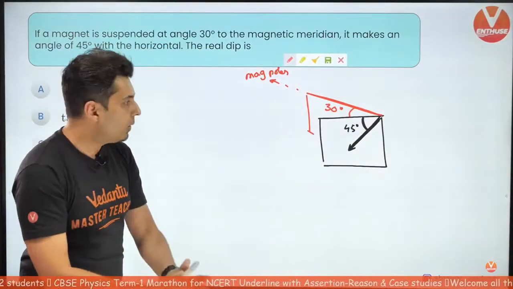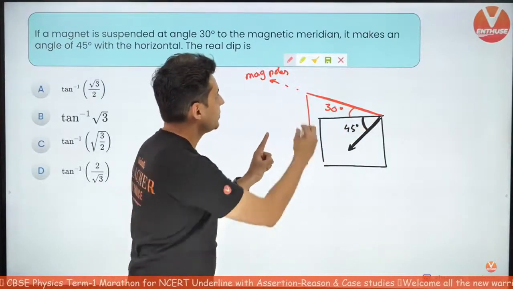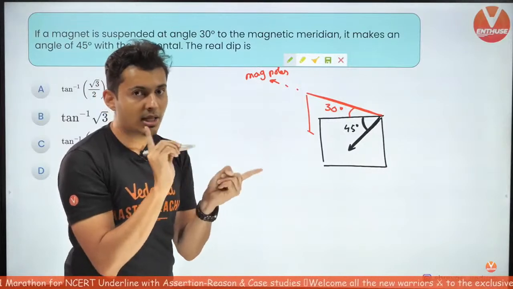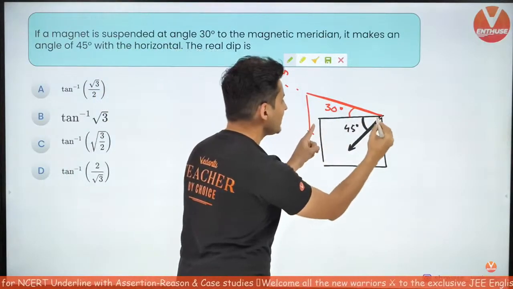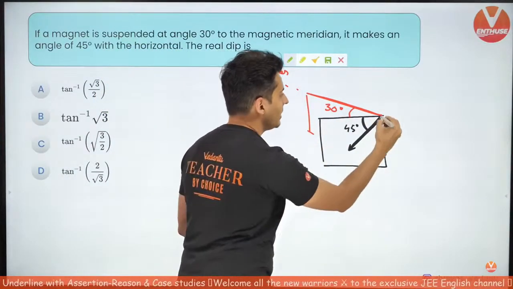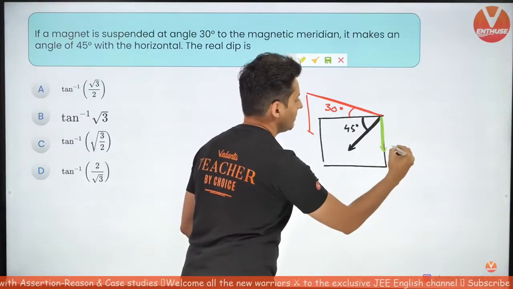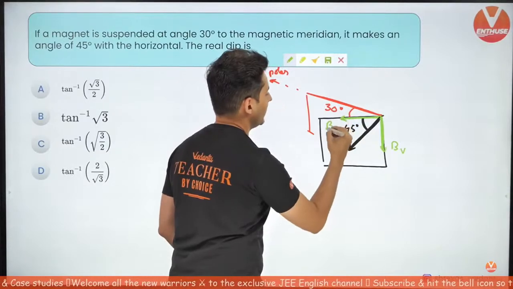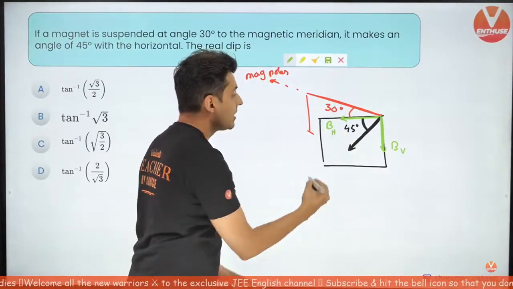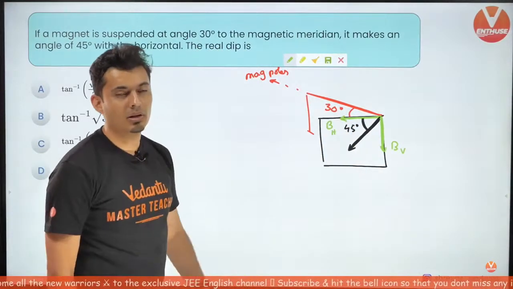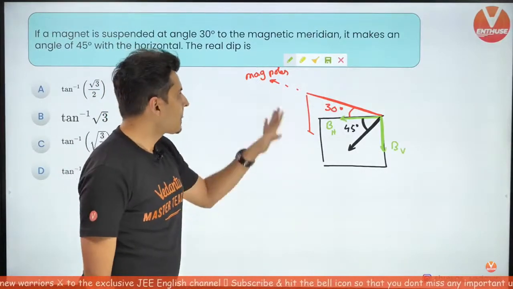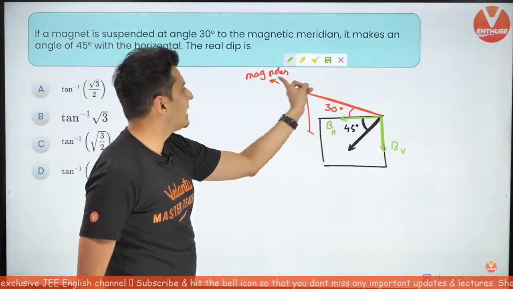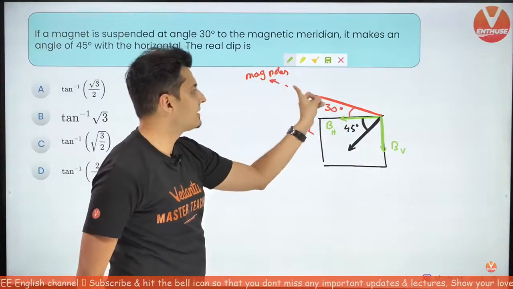Fair enough. Now try to understand this over here. There are two components of Earth's field, horizontal and vertical. In this black random plane, there is a vertical component BV, and there is also a horizontal component BH. But this is not the true horizontal component. Think why? Because actually speaking, the Earth's magnetic field is in this direction.